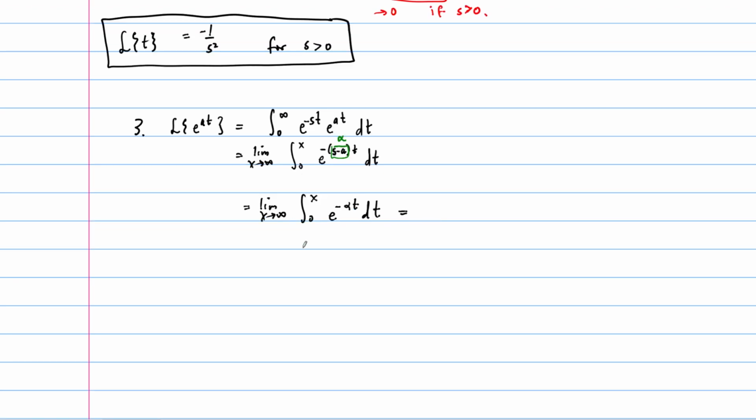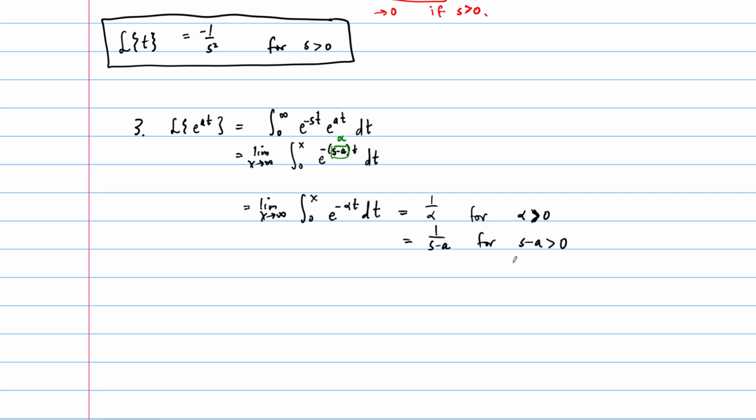So this integral here we've done in the previous examples, both of them, right? And so we know that this one is going to be 1 over alpha for alpha greater than 0. I'm just writing out the conclusion here because we've done the computation a couple of times. But of course, alpha is not the correct variable. We need to plug back in what alpha equals in terms of our substitution. So this becomes 1 over s minus a for s minus a greater than 0.